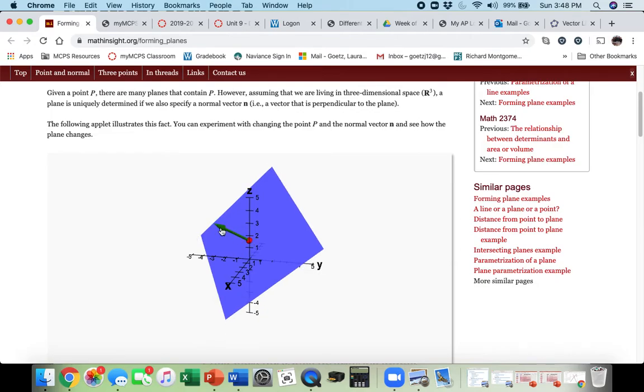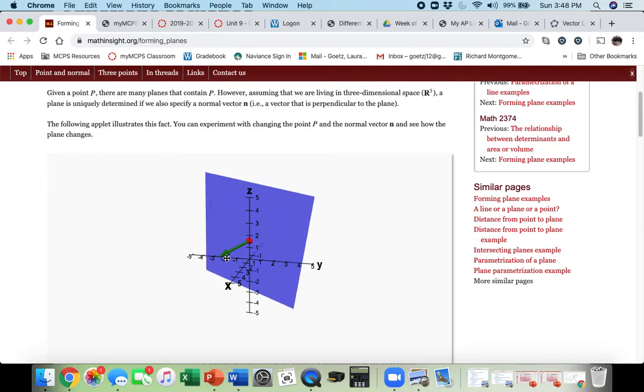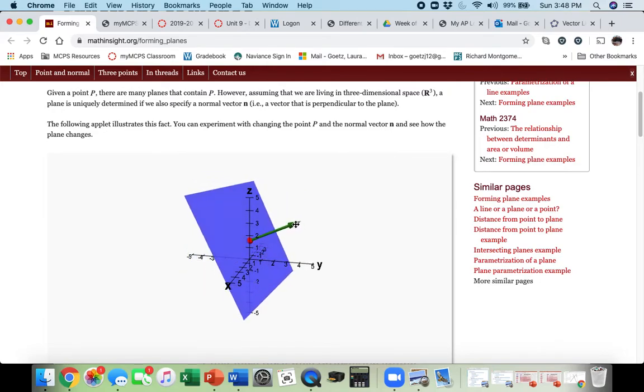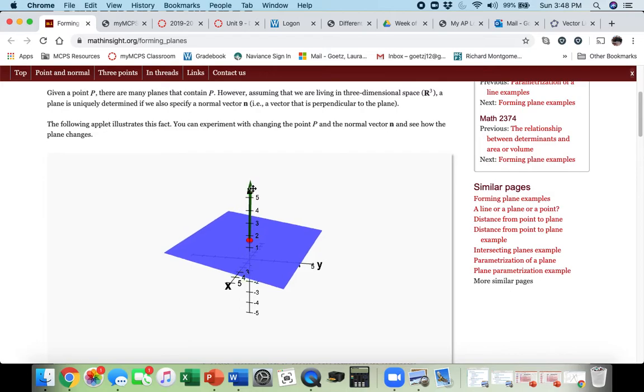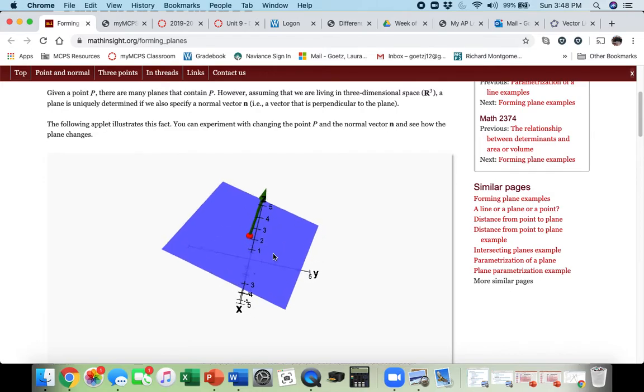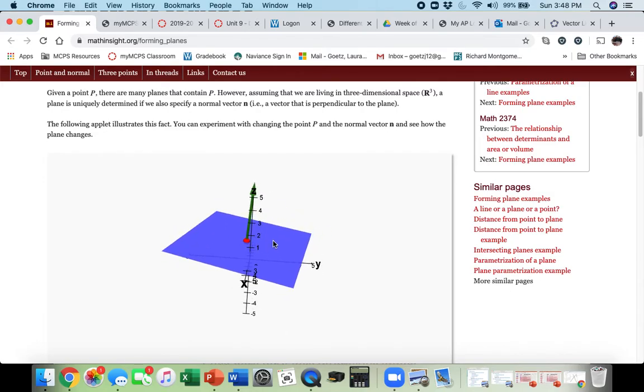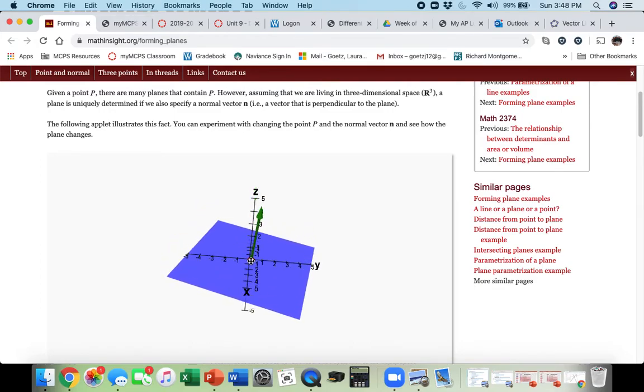But if you change the normal on me, if I go directly opposite, it doesn't change. But look, I can make this go straight up. I mean, there's the XY plane.